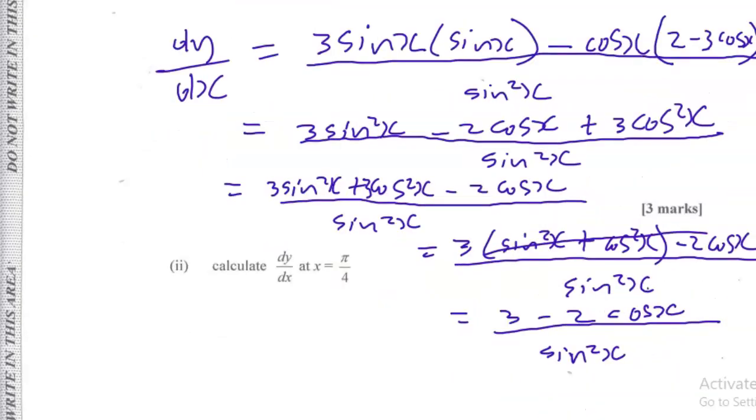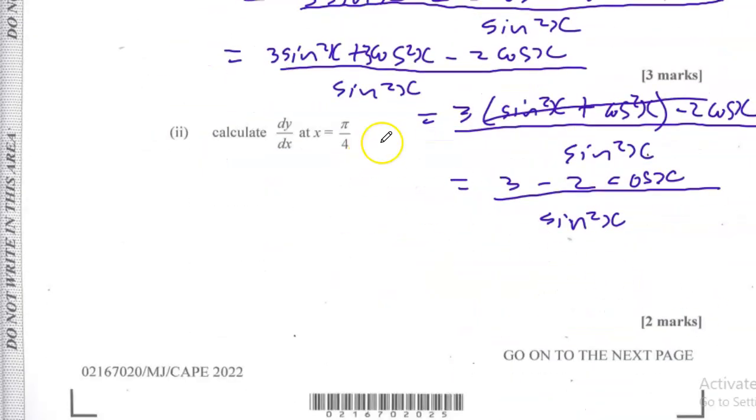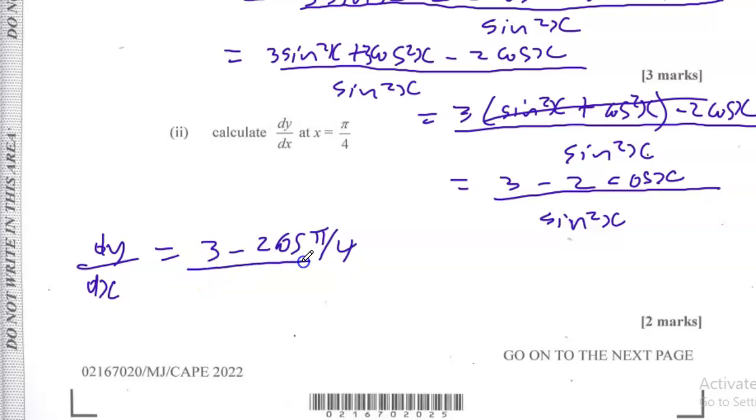Now we're asked to find dy by dx when x is equal to 45 degrees or pi over 4 radians. So now we're going to replace x with pi over 4, so it's 3 minus 2 cos pi over 4 over sin pi over 4 all square. Alright, so this is 3 minus 2 cos pi over 4.